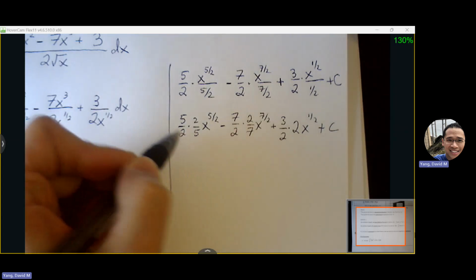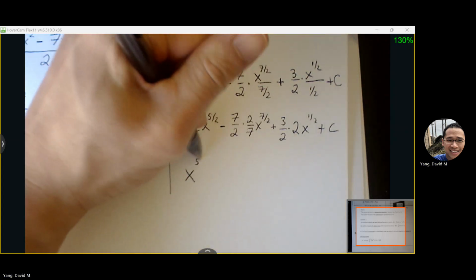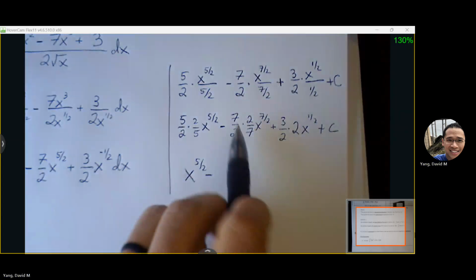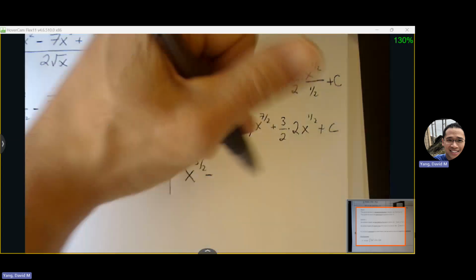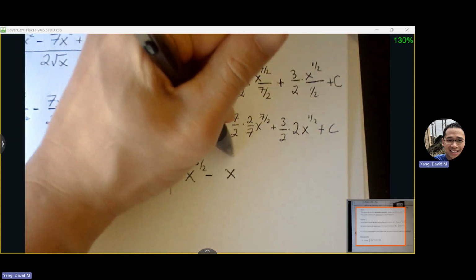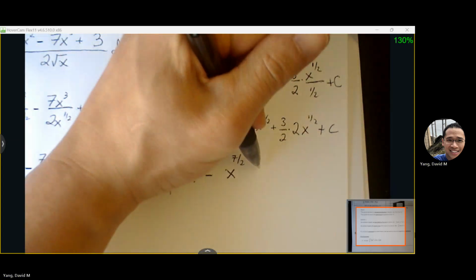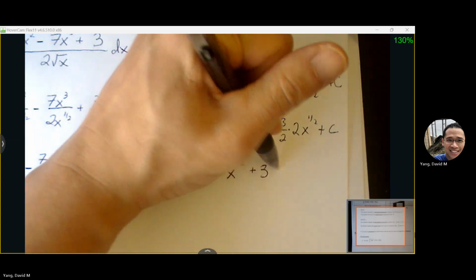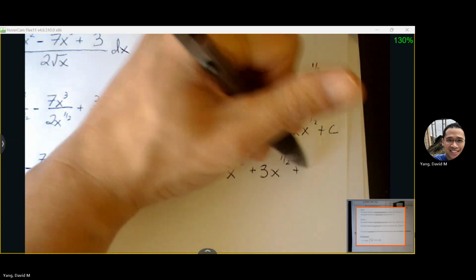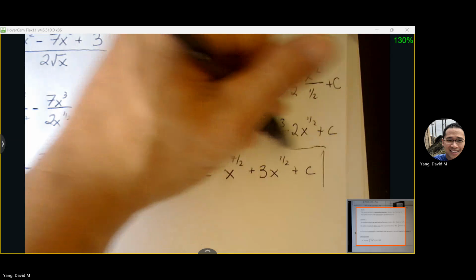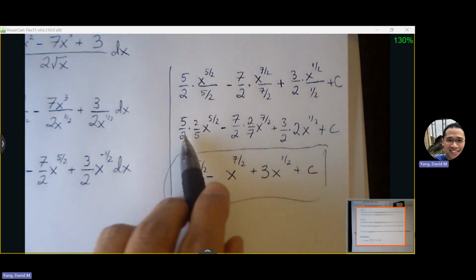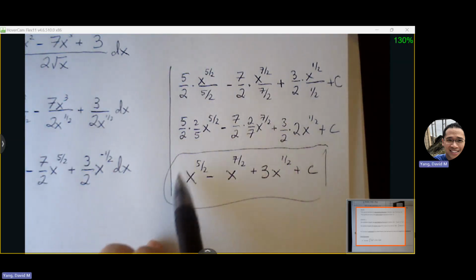Fives cancel out, twos cancel out. Sevens cancel out, twos cancel out. Okay, it's not always going to happen like this. So don't expect all these fractions to always cancel out.